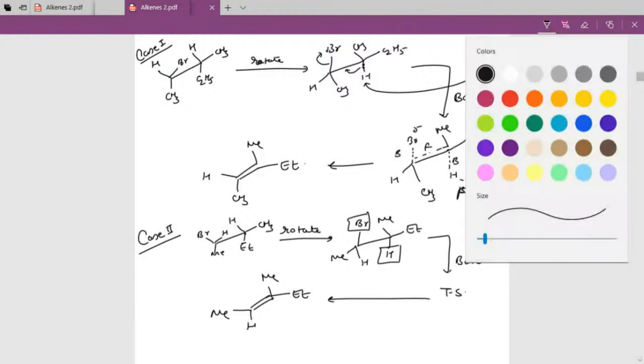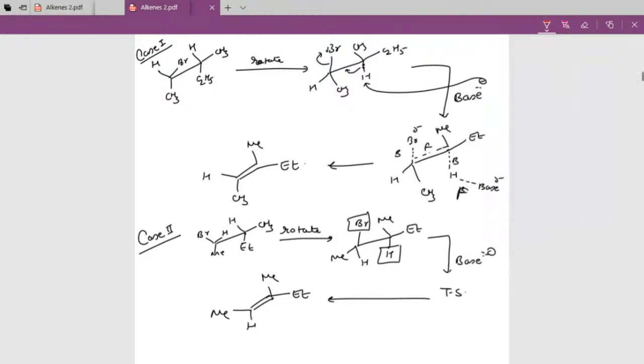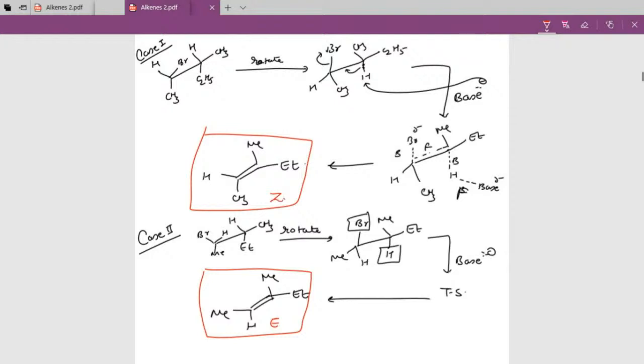Okay, so how to do these questions, how to eliminate, this is the way. This is the standard way. You can see we are having two different geometrical isomers, if I could name them. Here it is E isomer, this is a Z isomer.